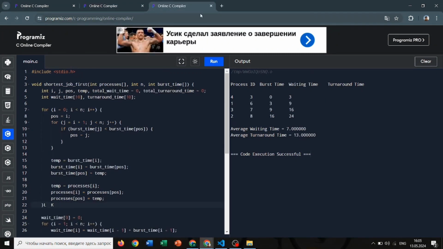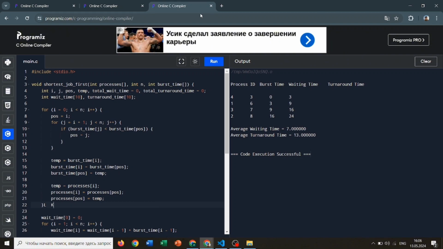Okay, now we are going to talk about shortest job first. Shortest job first is actually a non-preemptive scheduling algorithm where the process with the smallest execution time is selected to execute next.